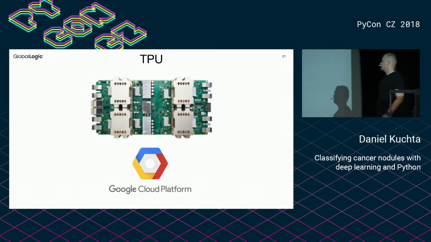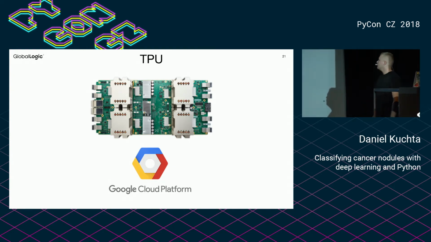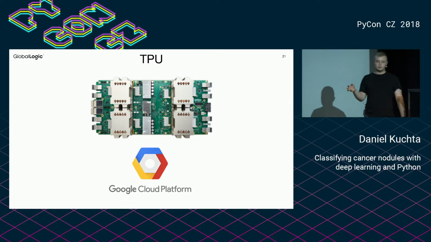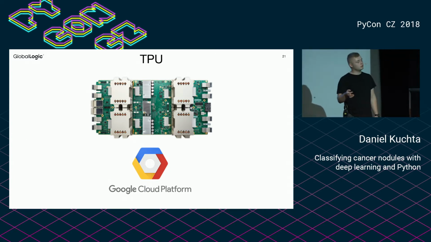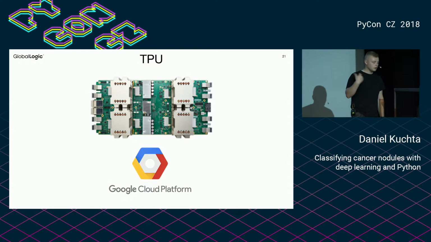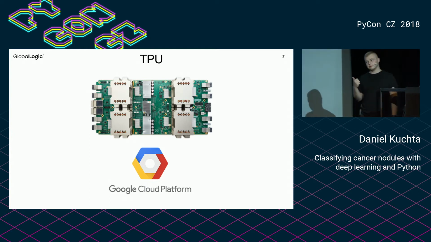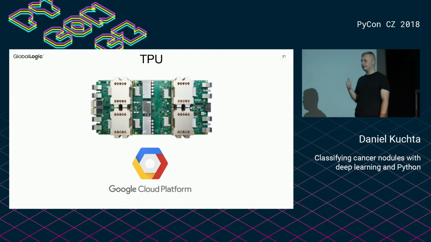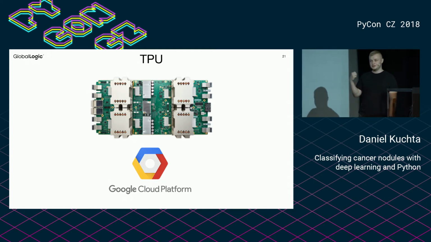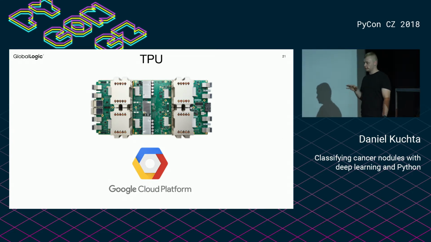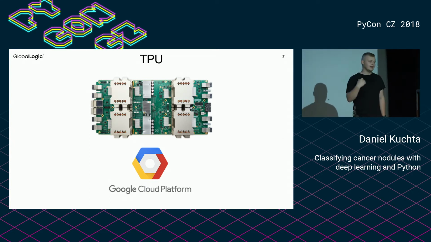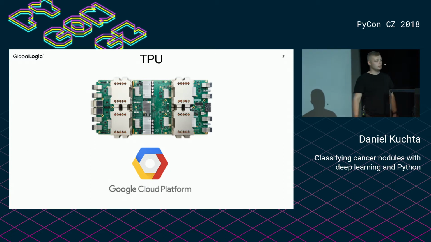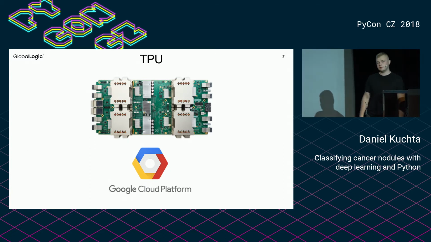Yeah. So now the cool part. For building these algorithms and models, we started with standard computers that didn't really work well. Then we turned to GPU instances on GCP that worked much better. But then we actually got early access to Tensor Processing Units on GCP.